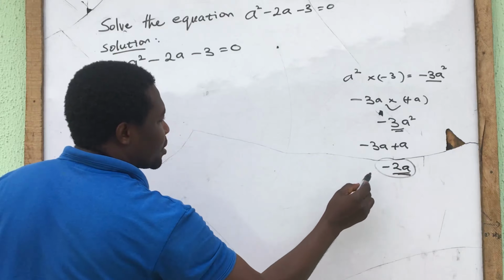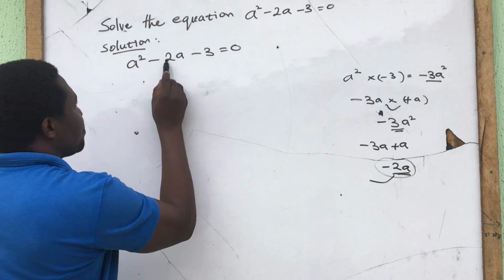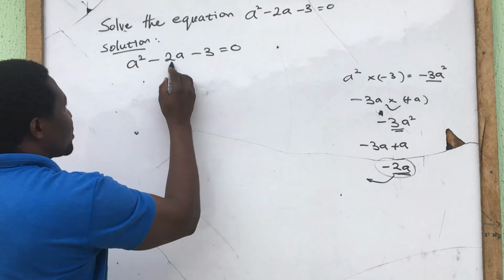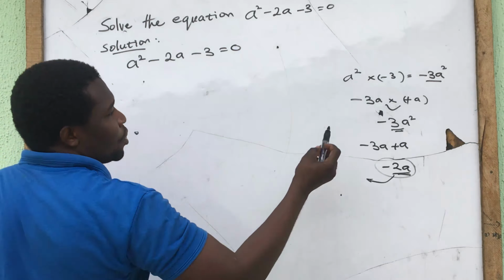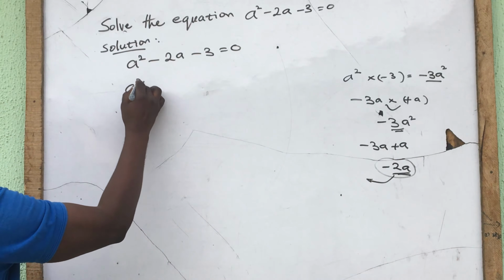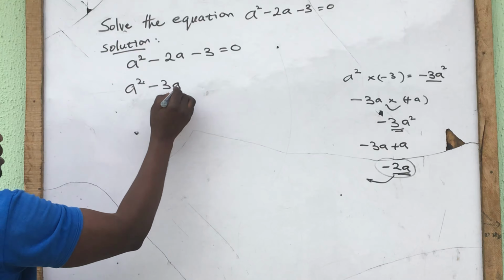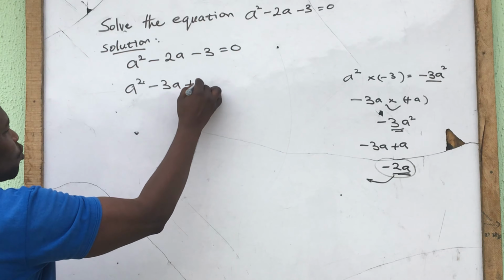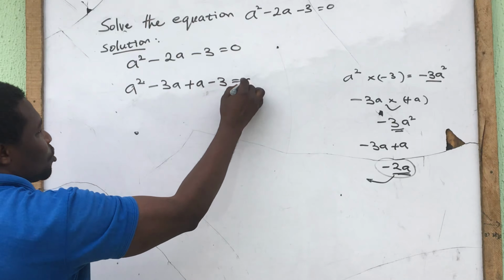So this is what we use to replace the 2a here. The factors have different signs. So a squared minus 3a plus 1a minus 3 equals 0.